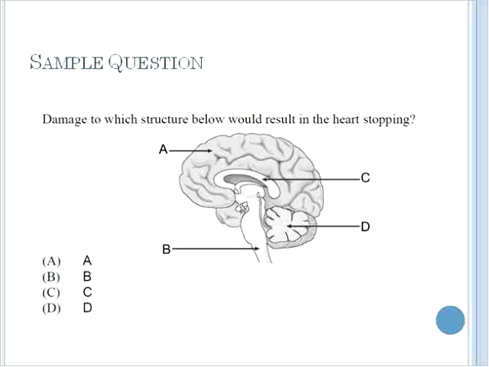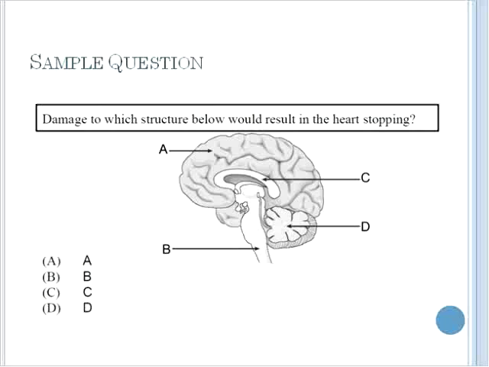So some sample questions you can see from this section would be as follows. This question asks, which structure, if damaged, would result in the heart stopping? Your choices are A, B, C, and D. A is the cerebrum. The cerebrum, while a very important part of the brain, controls thought and processing of information.